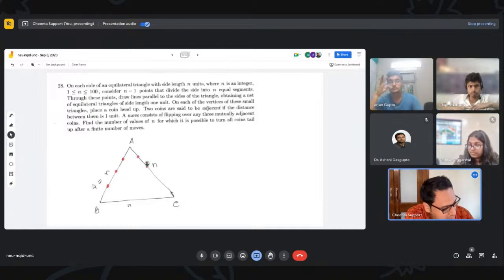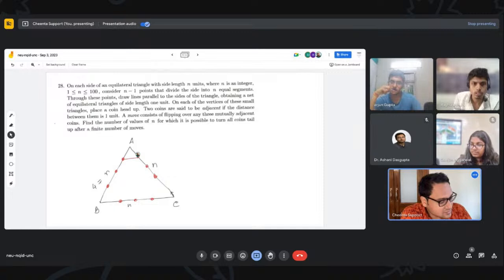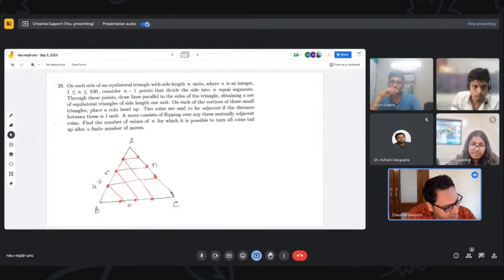So it's here. Now, through these points, draw lines parallel to the sides of the triangle. So, like this. I think if we do it correctly, then it will pass through the intersection points.